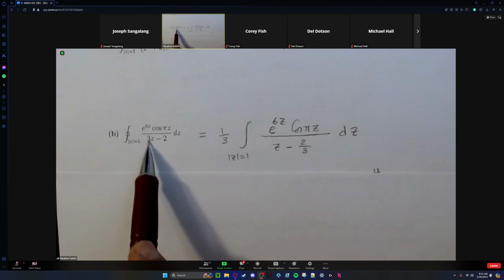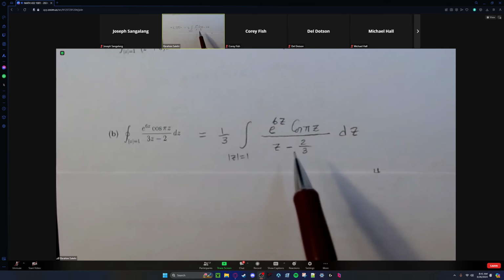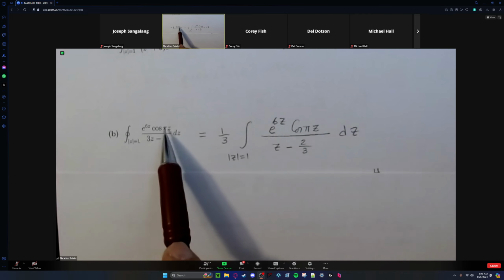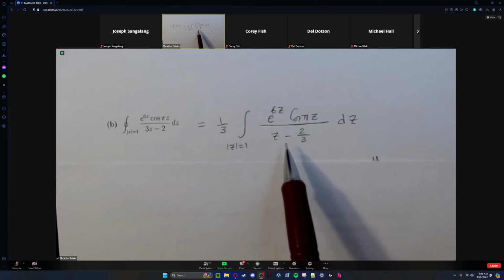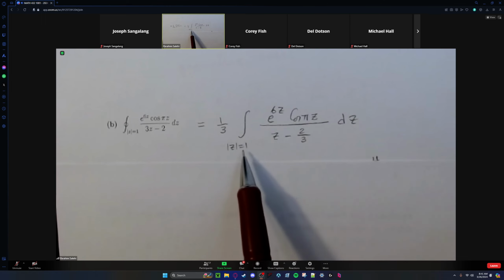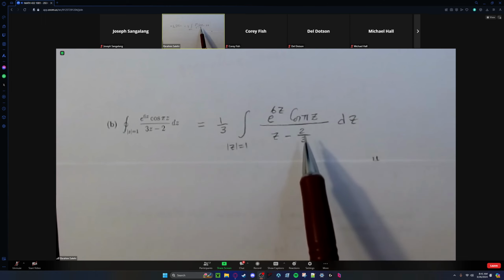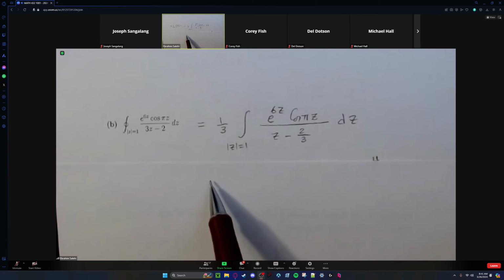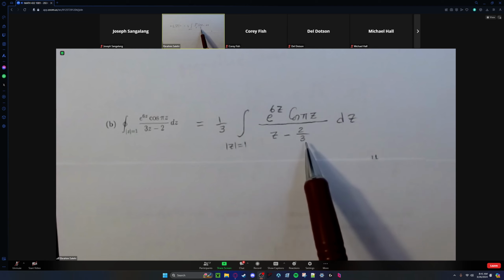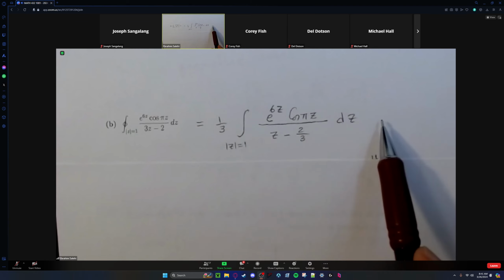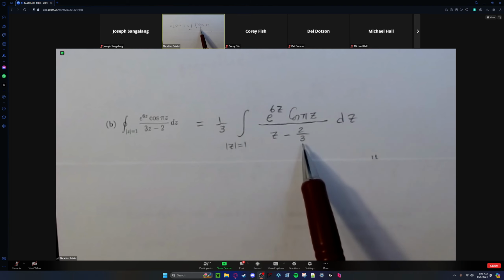If I take this 3 out, the numerator is right here, and the denominator will be z minus this number. Well, in this case, when we are integrating over a unit circle, 2/3 is inside. If this number was outside, the result would be 0, but it is inside.